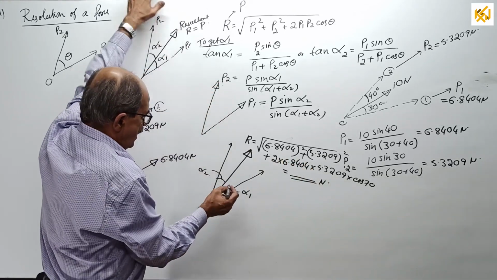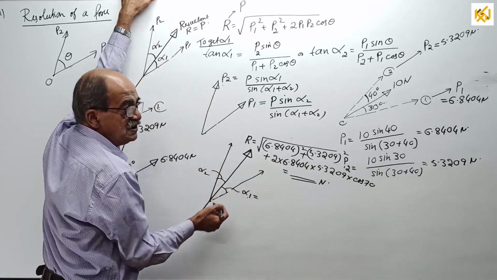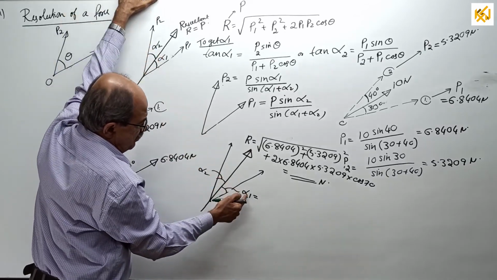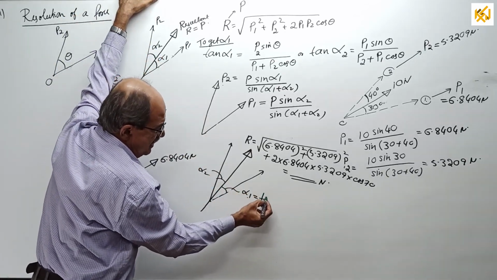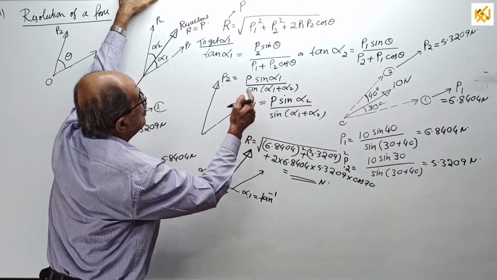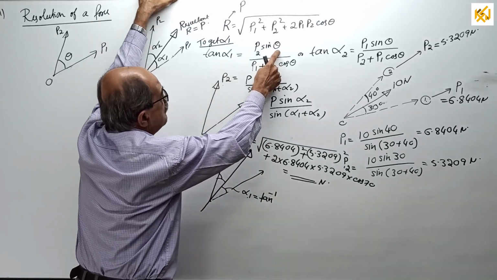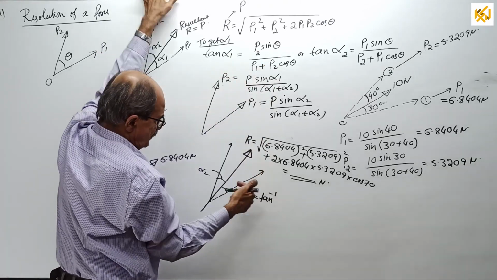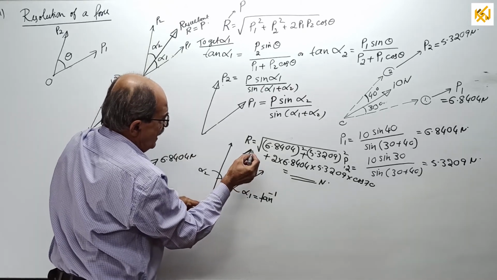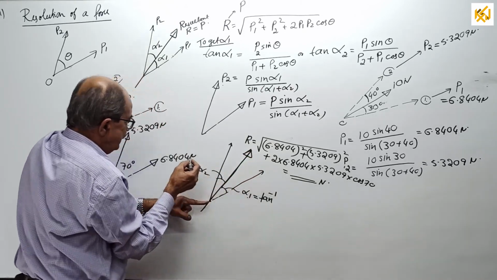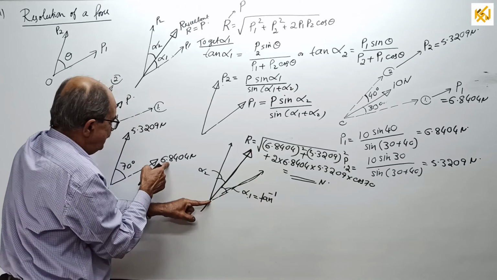Then, I want the angle alpha 1. As per the principle here, if you want this angle alpha 1, it is tan inverse of, because when tan alpha is this formula, alpha equals tan inverse of it. I want the angle made by the resultant with this force, that is 6.84.